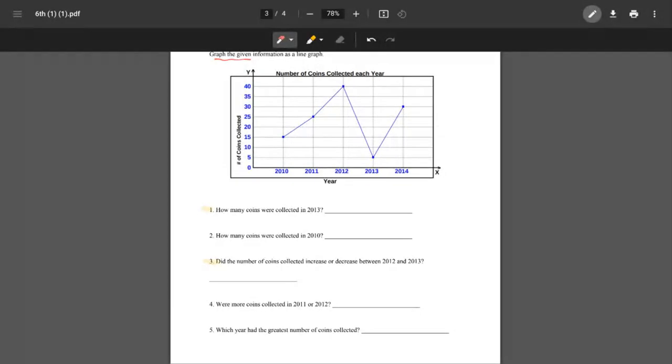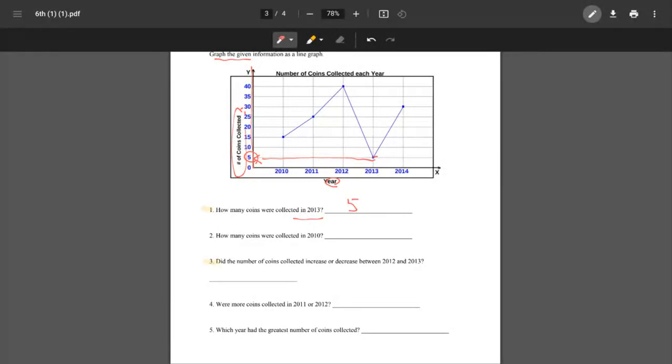Okay, so we have the year, and then the y-axis represents the number of coins collected. So in the year 2013, which is here, how many coins were collected? 5 coins.